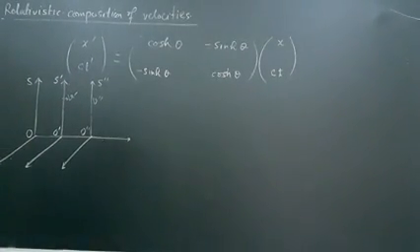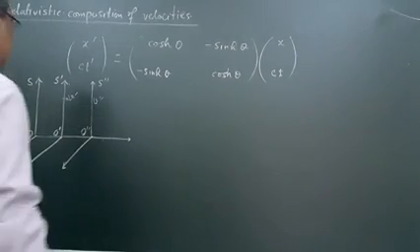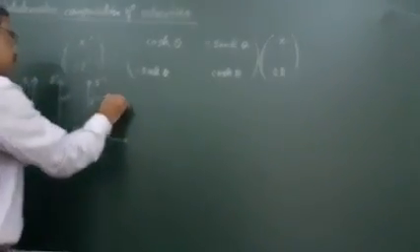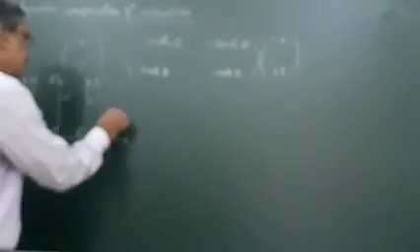Now, for any event in these frames, this frame S dash is moving with respect to this one, and this frame is moving with respect to this one, and we need to find the relation between S and S double dash, meaning the composition of velocities.